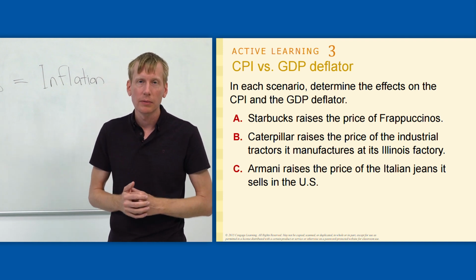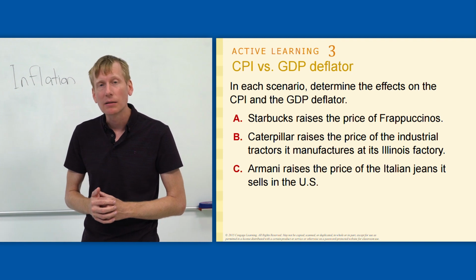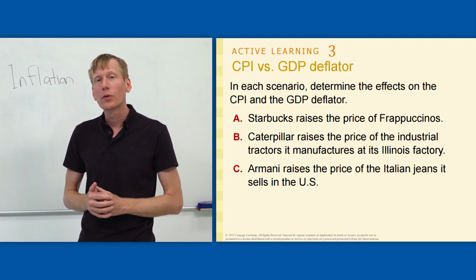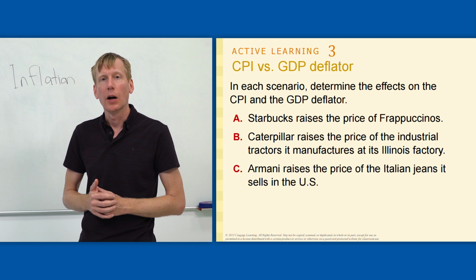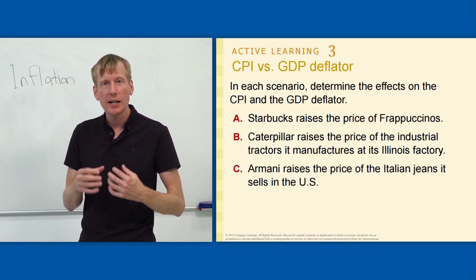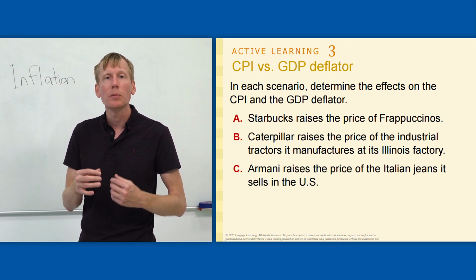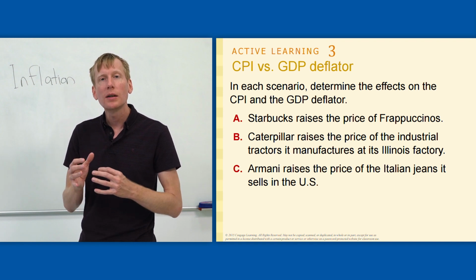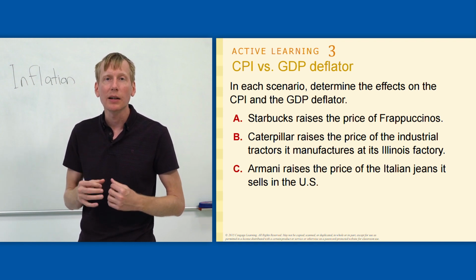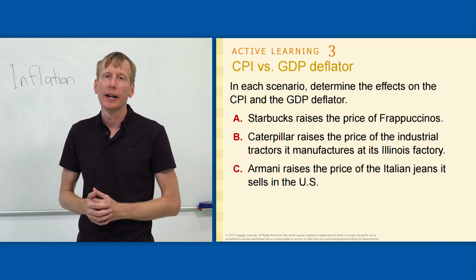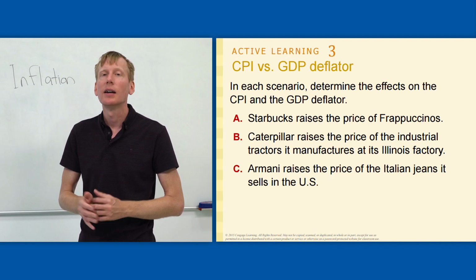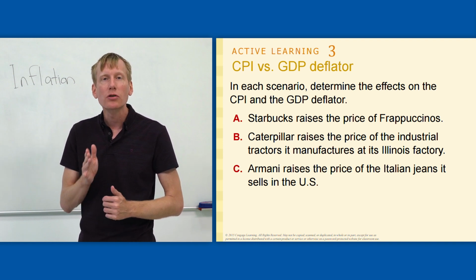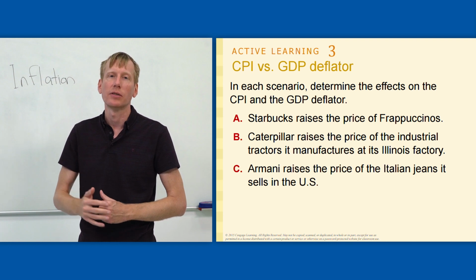For our third example, suppose the clothing company Armani raises the price of Italian jeans that it sells in the United States. Now, these are going to be consumed in the United States. They're going to be sold in the United States, and they're going to become more expensive. It should be part of the household consumption bundle, the basket that makes up the CPI. So if it's a consumption expenditure by households in the United States, it should factor into CPI, and it should lead to CPI inflation.